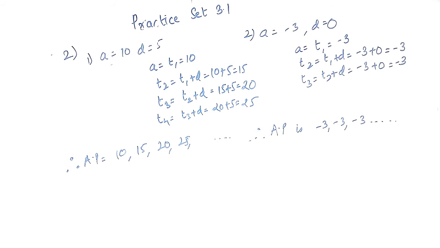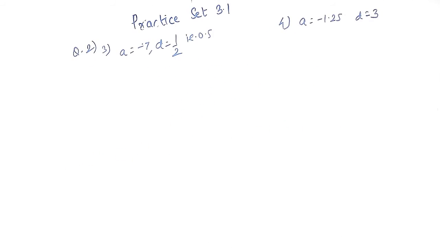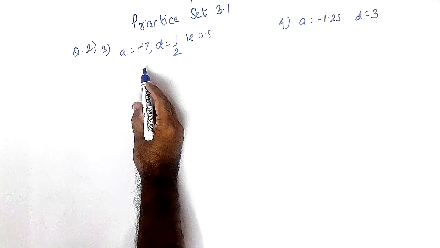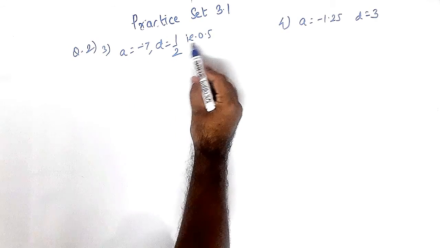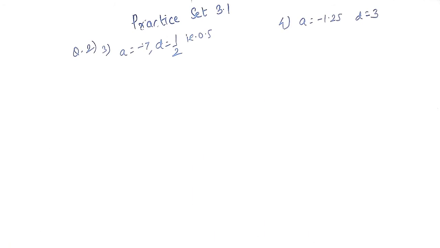Now this is how we write the arithmetic progression, and we'll come to the third one now. Coming to the third one, you have A equals minus 7 and difference is equal to half. They have given that is half, means 0.5, correct?